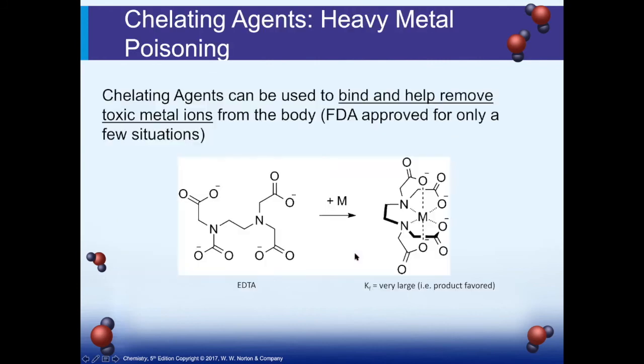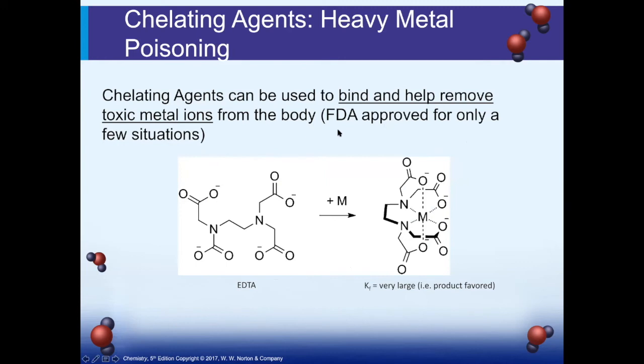All right, a couple more things. So, the chelating agents, another use of that, I already talked about how EDTA is often used to keep food from spoiling. But also it can be used in a treatment to remove toxic metals from the body. It's FDA approved for a few situations, like lead poisoning.